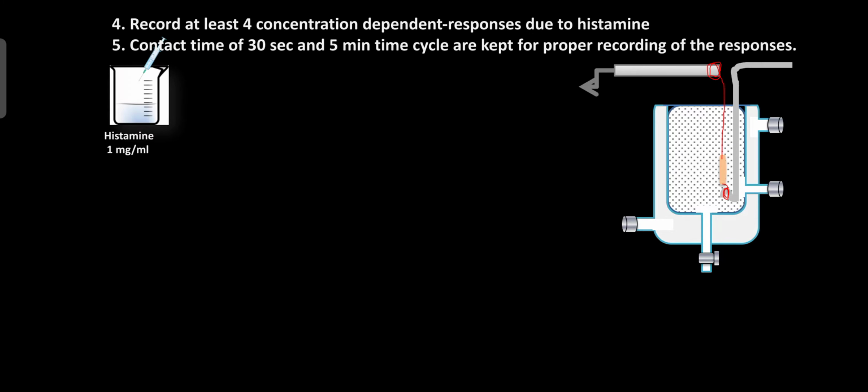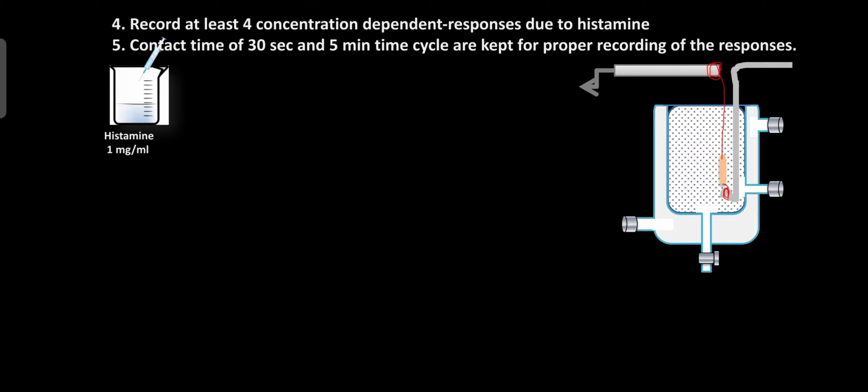After the isolation period, record at least 4 concentration dependent responses to histamine by maintaining the contact time 30 seconds, and total time cycle of 5 minutes per cycle for proper recording of the response.